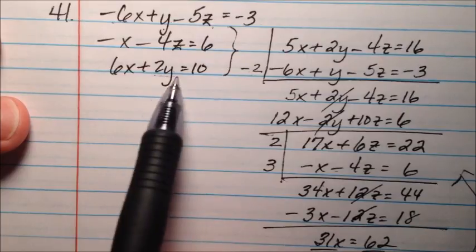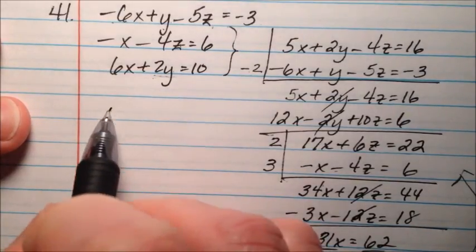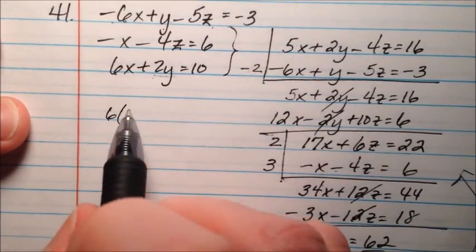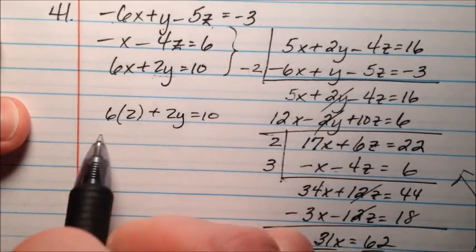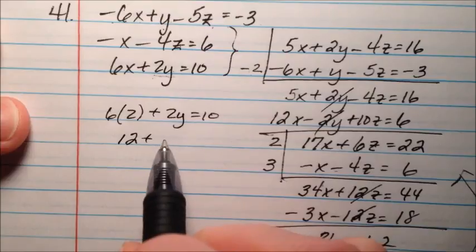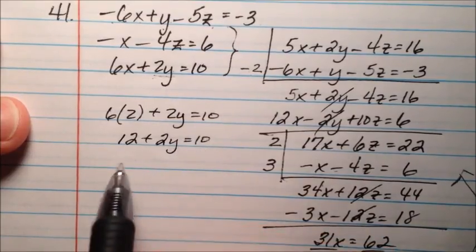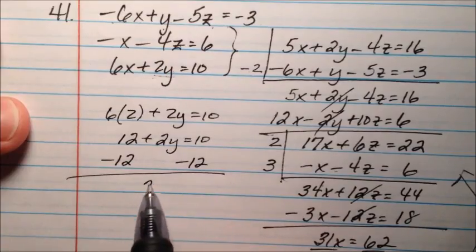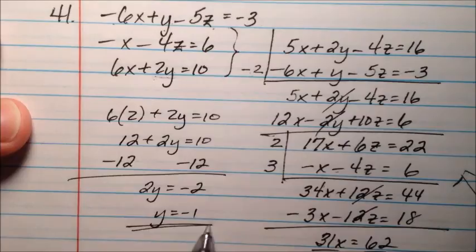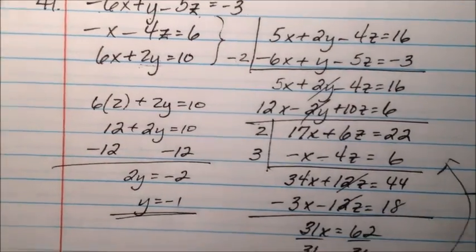For that matter, let's just do the one with the 2y. So 6 times my value of x, which is 2, plus 2y equals 10. So that'll be 12 plus 2y equals 10. I'll subtract 12 from both sides, and 2y equals negative 2, so y equals negative 1.